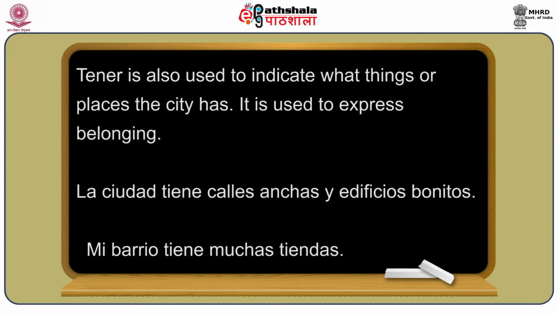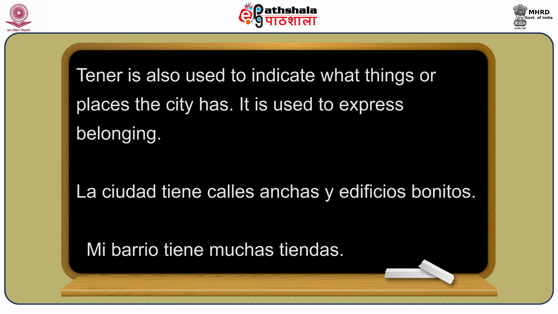Now the third verb is the verb tener. Now tener is also used to indicate what things or places the city has, and it is used to express belonging. Now for example, let's see the examples of the verb tener.